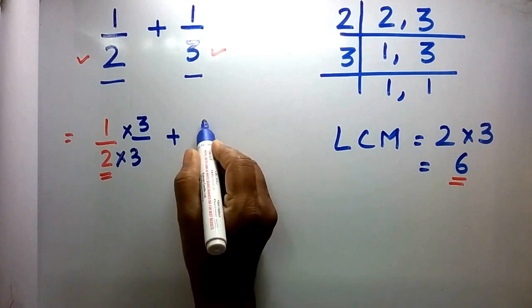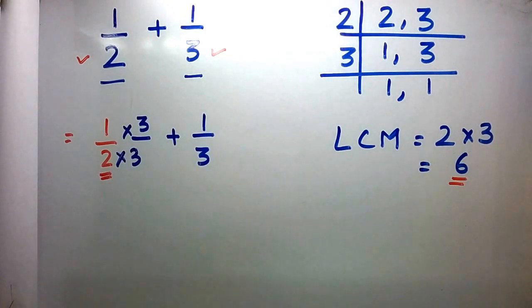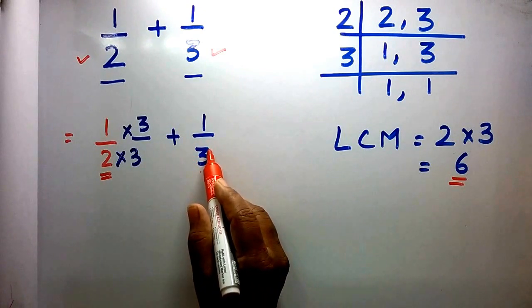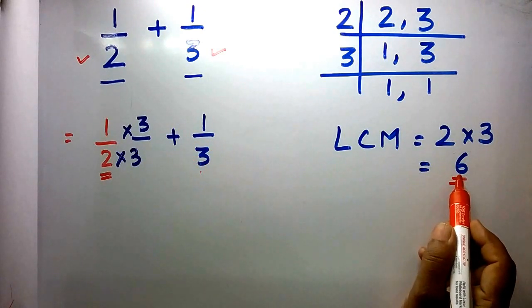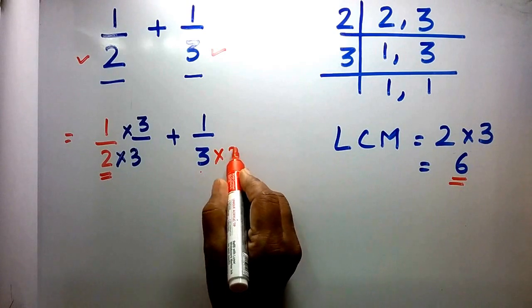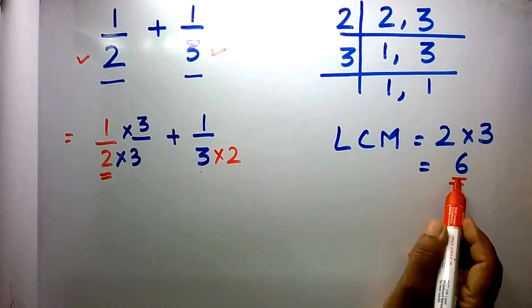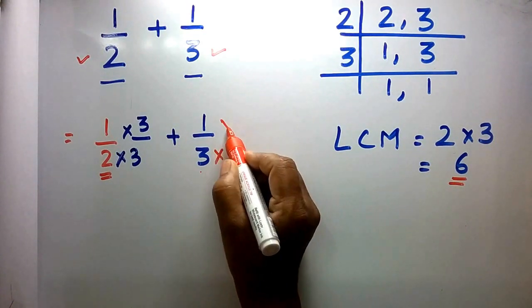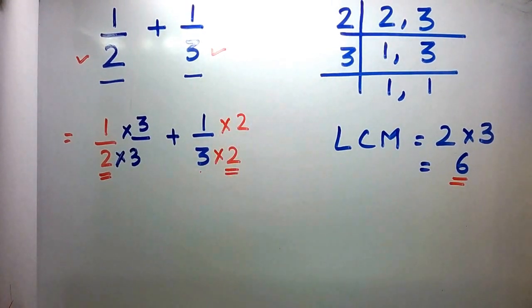The next part is 1 upon 3. By what number should we multiply 3 so that we get 6 here? 3 can be multiplied by 2 so that you get 6 here.